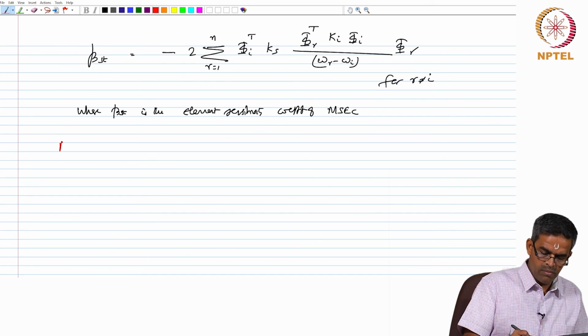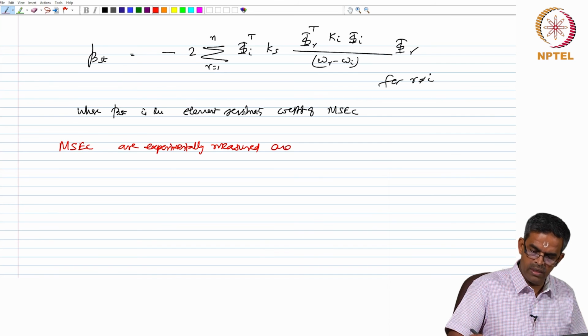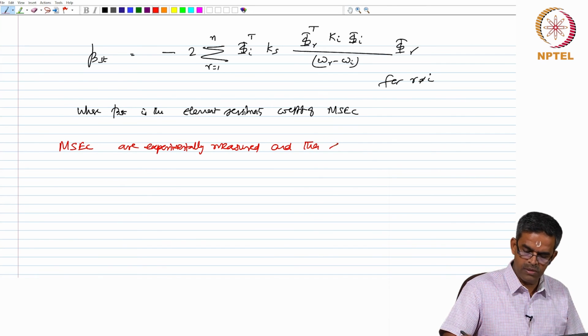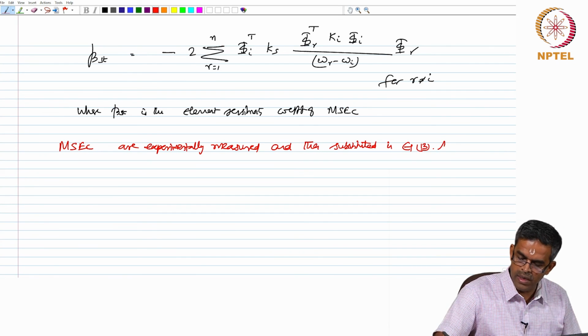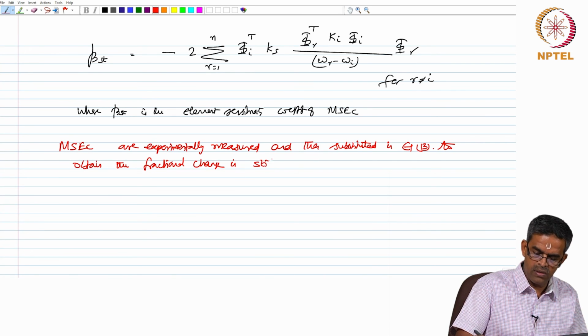Now, modal strain energy corrections are experimentally measured and then substituted in equation 13 to obtain the fractional change in stiffness of the damaged system.